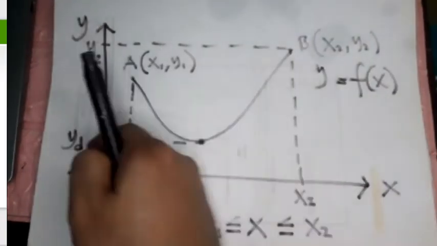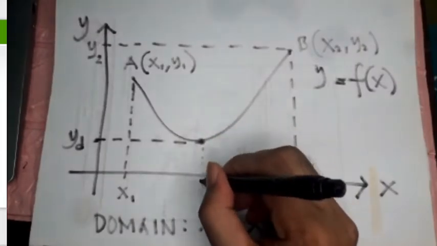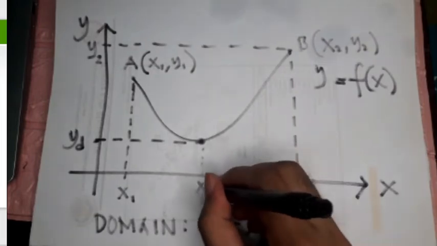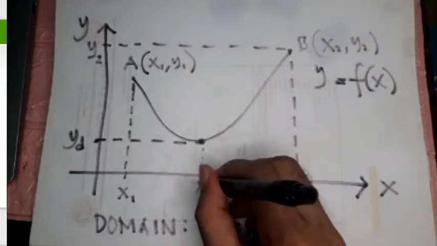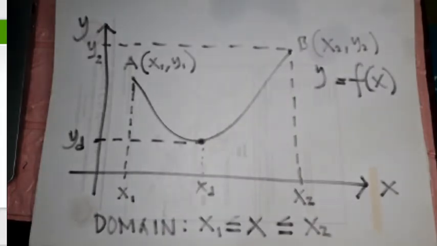This point, yD, corresponds to xD. But it doesn't matter. So the range, we can find the range.